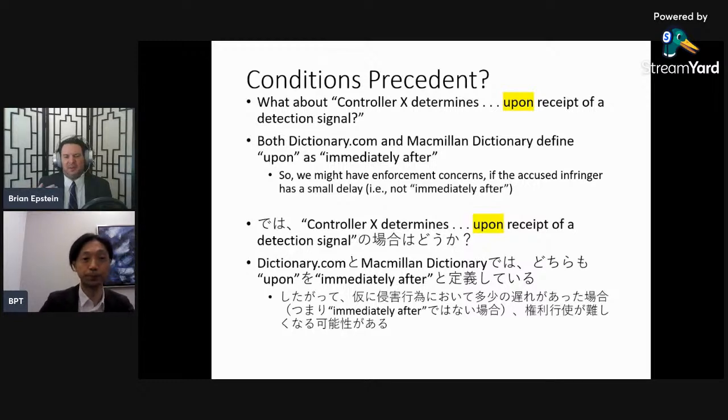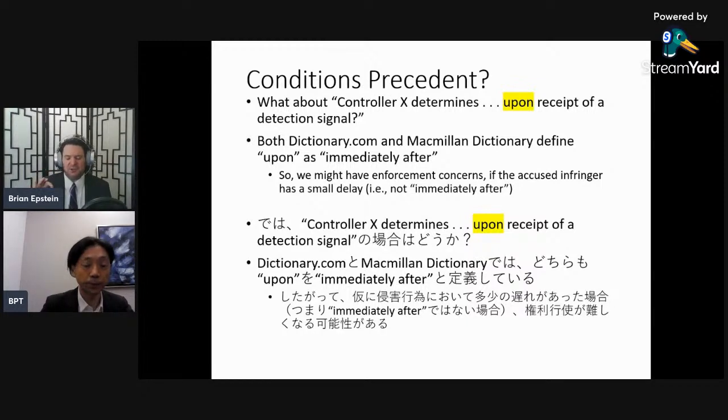So the issue with "upon" then, if it means "immediately after," is that we might have enforcement concerns. Particularly if the accused infringer has a small delay, right? So maybe in our example of determining the status of the valve upon receipt of a detection signal, maybe this controller performs a small subroutine.